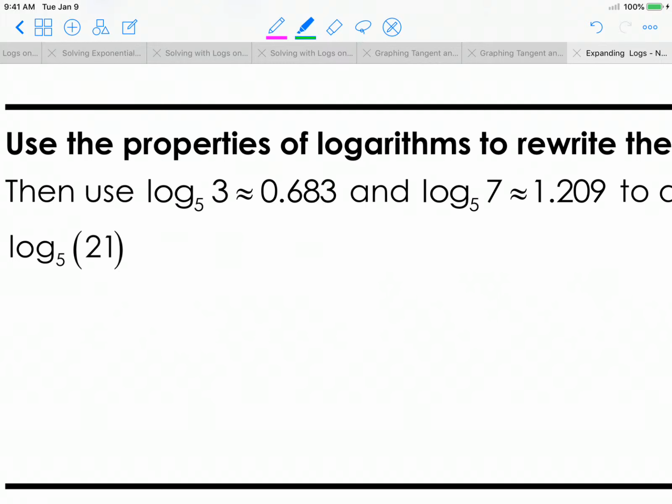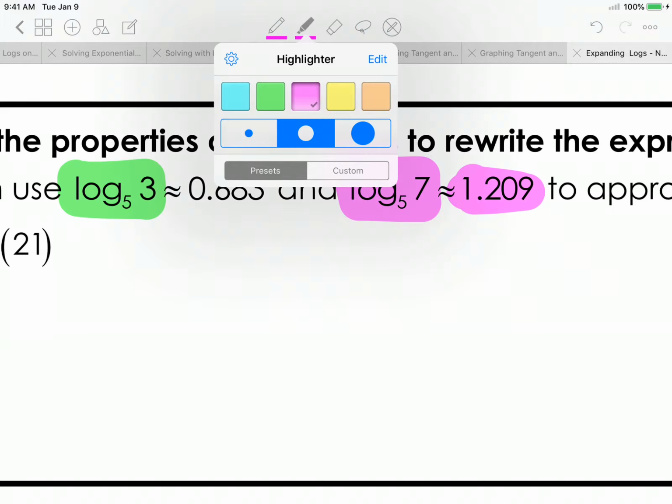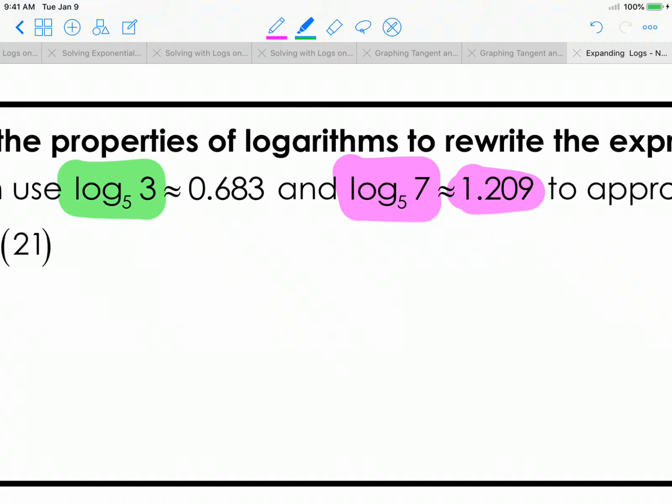It gives you log base 5 of 3, and it also gives you log base 5 of 7. And it's saying log base 5 of 7 is approximately 1.209. And if you do this in your calculator, it gives you approximately that. And log base 5 of 3 is going to give you approximately 0.683.